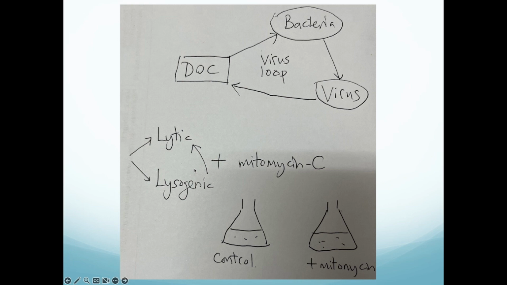So in experimentations where we want to know whether viruses are adopting lytic or lysogenic mode, we use the compound mitomycin C, which induces lysogeny into lytic modes. So what we can do is carry out two microcosm experiments, one as a control and one where mitomycin C is added.